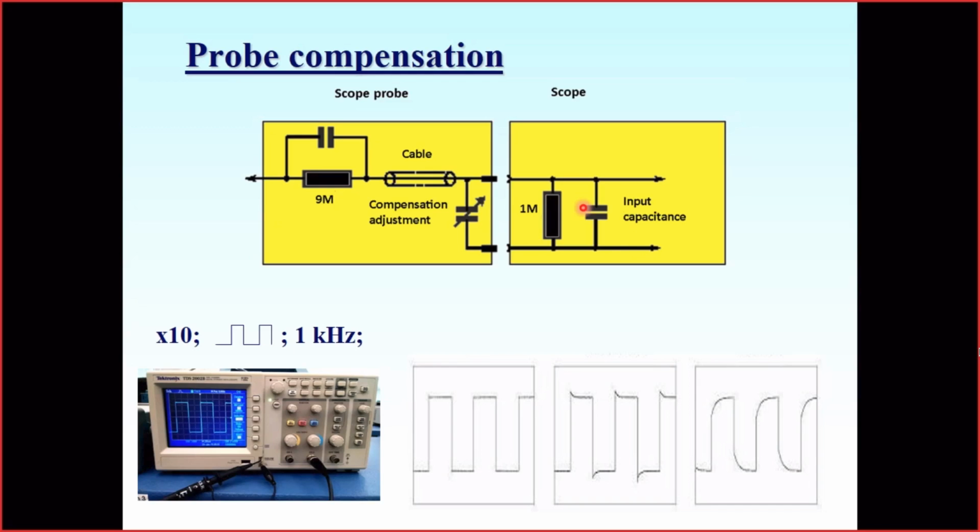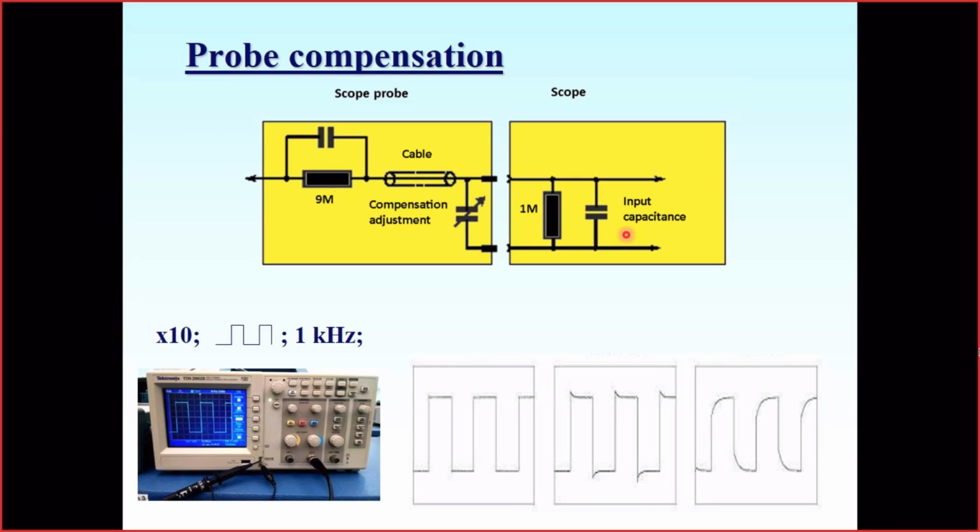The input capacitance may be different, but it's usually stated in the data sheet or in the technical details of the particular scope. When you buy a scope, you will find the input resistance and input capacitance. Most often the input resistance is 1 megaohm and the input capacitance, if I remember correctly, 47 picofarads.